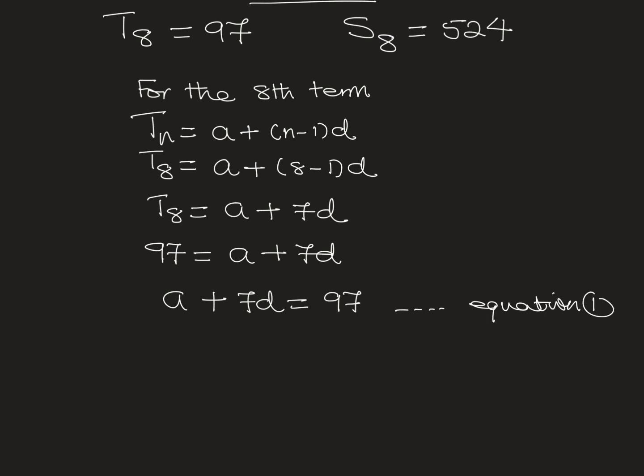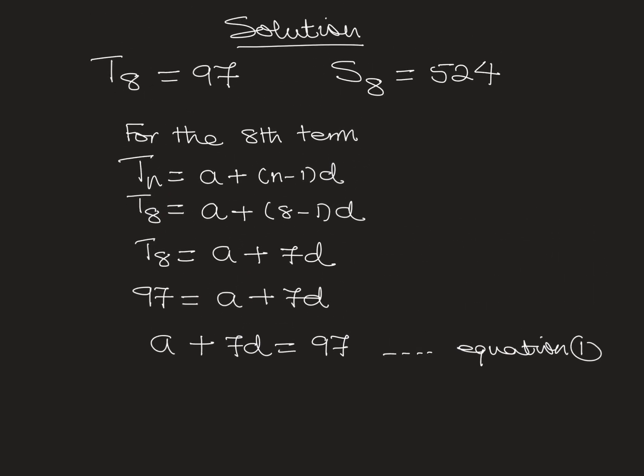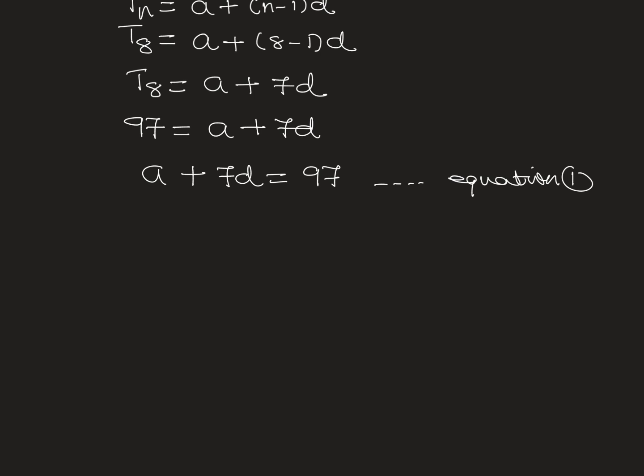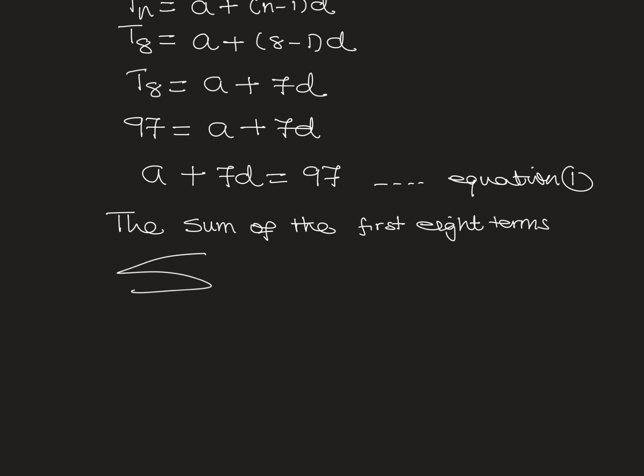equation 1. And the other statement is the sum of the first 8 terms is 524. The sum of the first 8 terms, that is S sub n, is equal to n over 2 into 2a plus n minus 1 times the difference.